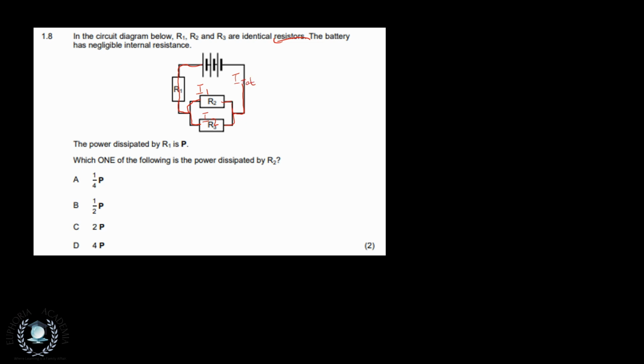Alright, now the question is asking us the power dissipated by R1 is P. Which one of the following is the power dissipated by R2?